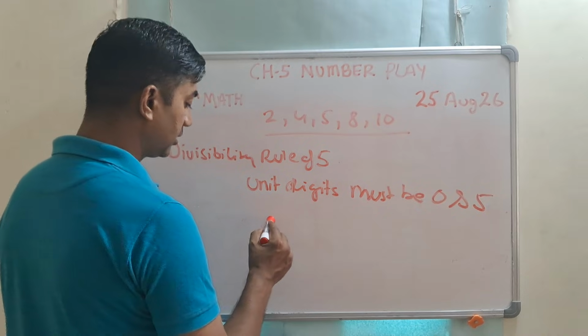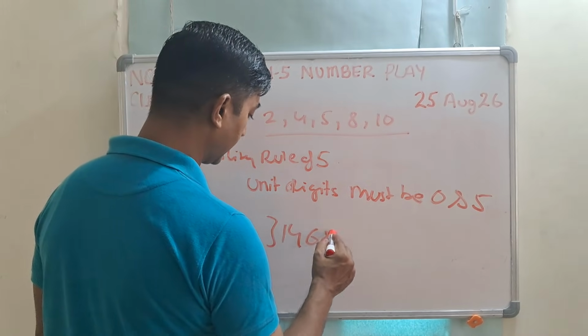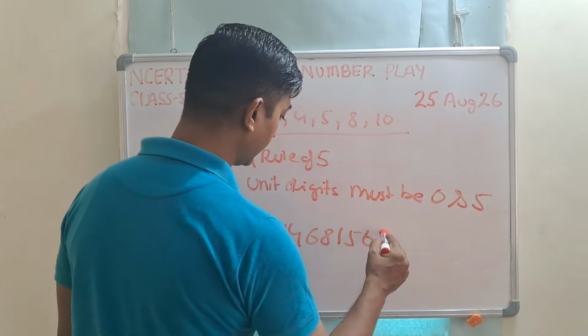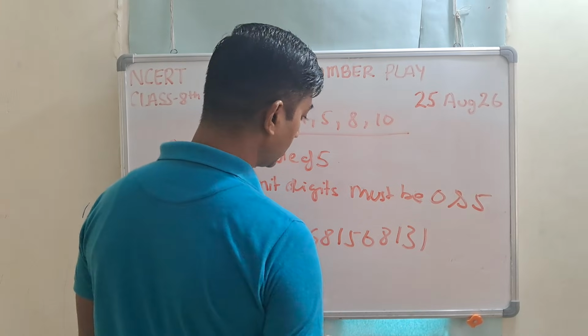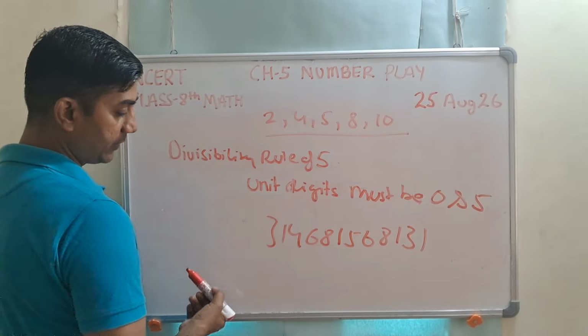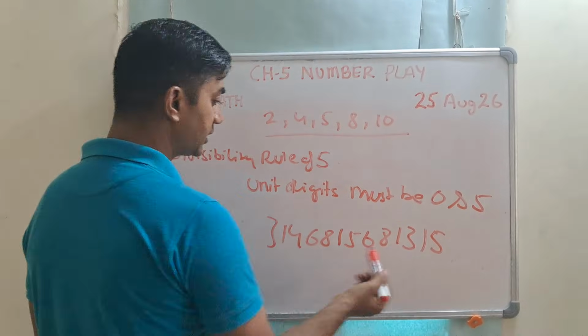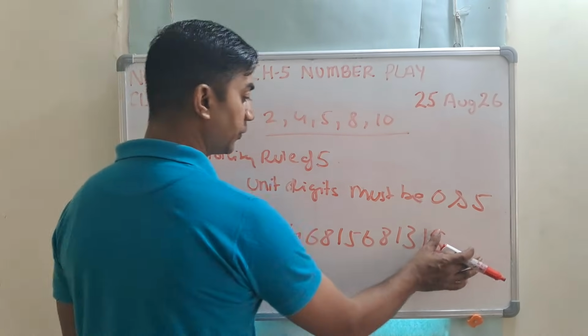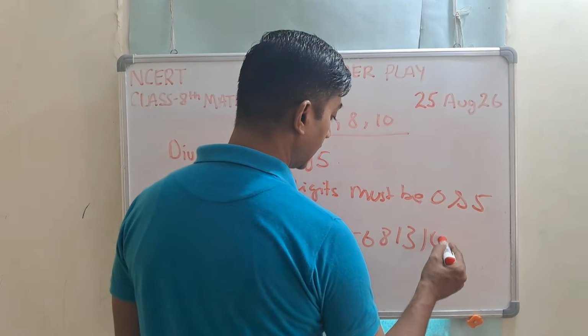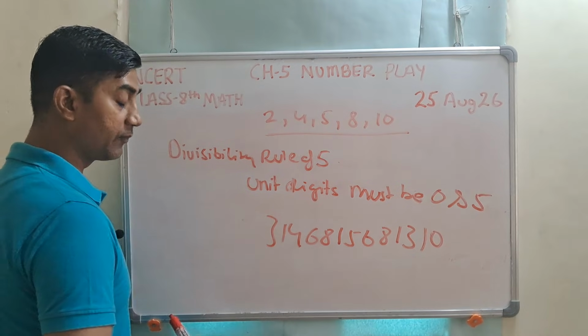Any number, if you write 3 1 4 6 8 9 5 8 2 1 3 1, and you want to check whether this number is divisible by 5 or not, if you write here 5, this number must be divisible by 5. If you write here 0, then this number must be divisible by 5.